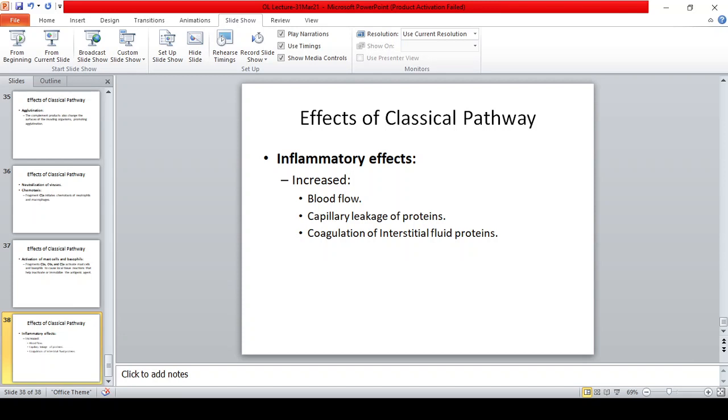So, to summarize, the effects of the activation of the classical pathway are: number one, opsonization and phagocytosis, lysis, agglutination, neutralization of the viruses, chemotaxis, the activation of the mast cells and basophils, and the inflammatory effects. So I'll stop here, and inshallah we'll continue with the cell-mediated immunity in the next lecture.